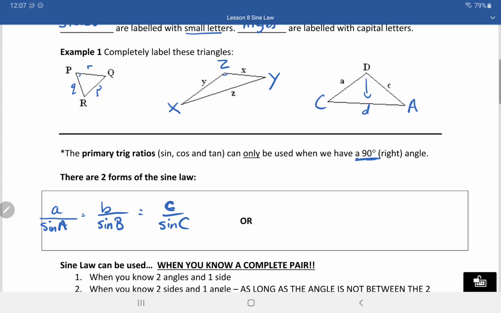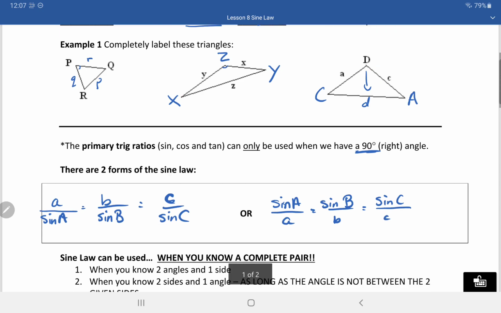So small a over sine of capital A equals lowercase b over the sine of capital B equals the lowercase c over the sine of capital C. And that formula can also be completely reversed where the sines are on top and the lower cases are on the bottom, which is the side lengths.